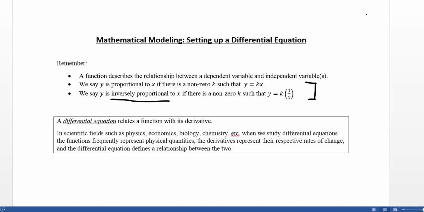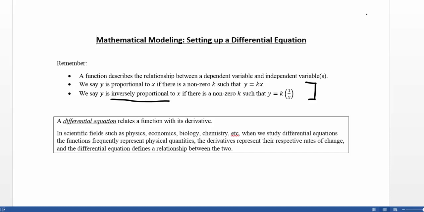But in this particular section, what we're working on is just understanding how to take the words describing a situation and to set up a differential equation that represents what we are trying to look at. So we are just setting up these differential equations. We will look at how to solve and work with these equations in other sections. But for this section, we just want to set them up appropriately.